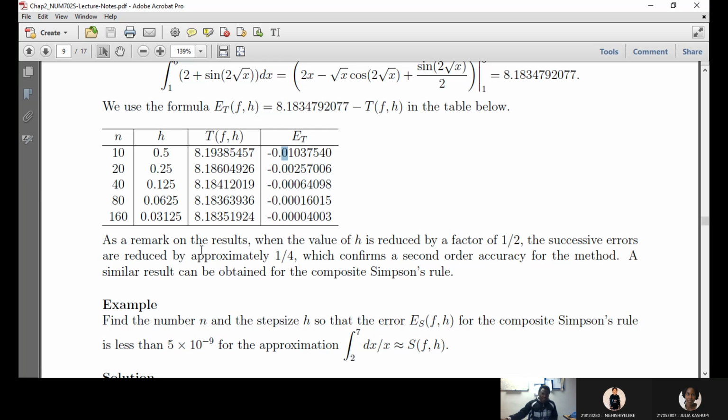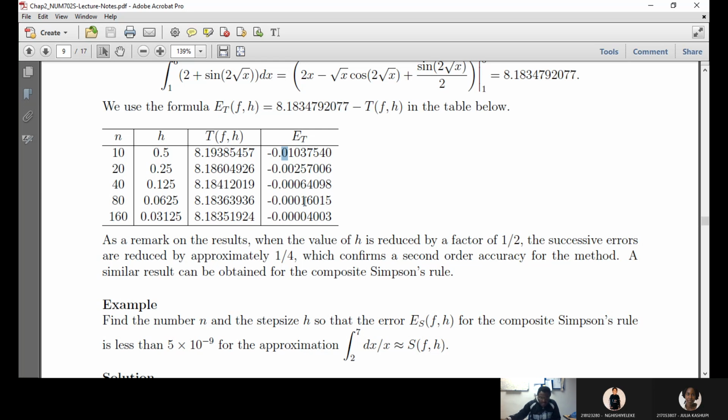The successive errors are reduced by approximately 1/4. Approximately, that's why you can see that this one did not give exactly, approximately. So, in other words, if you divide this by 1/4, you should be getting something of this magnitude. Divide again by 1/4, approximately, that's what you'll be getting.